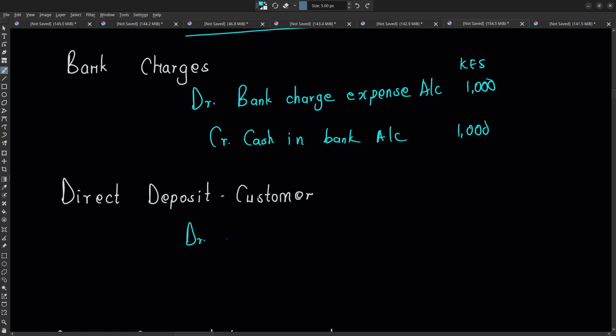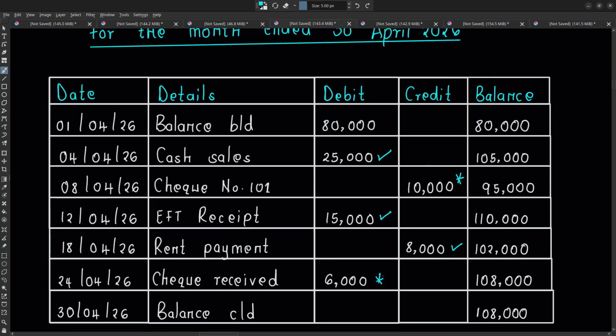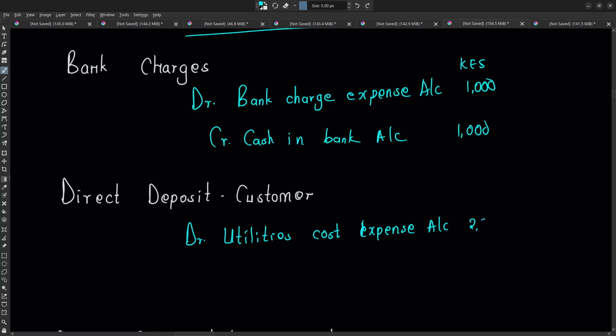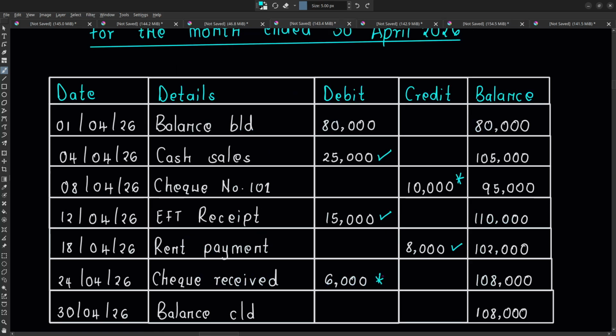We debit maybe utilities cost, or just any operation expense account that you have agreed to record this. So this is 2,500, and then you credit cash in bank account 2,500. Then you go back.